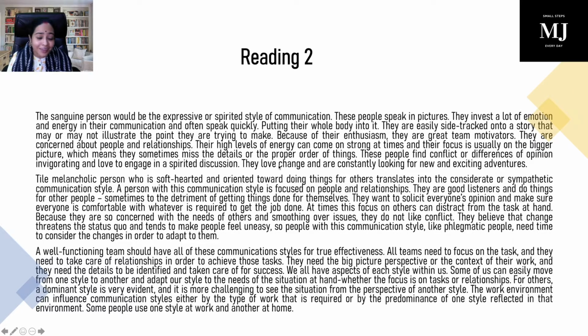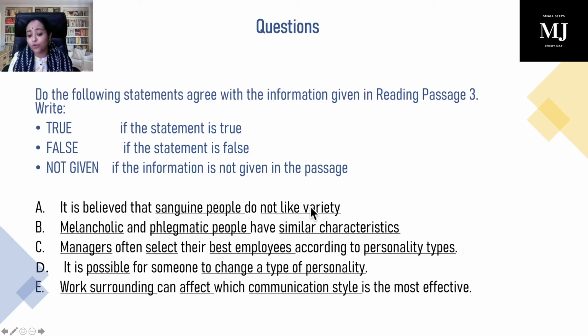So definitely they are in favor of that variety thing. Whereas the question said they do not like variety. So the information about the sanguine people and about the love for variety is present. But in the question it said, do not like variety. The passage says they love change. That means the information is present but opposite in nature, which makes A false.